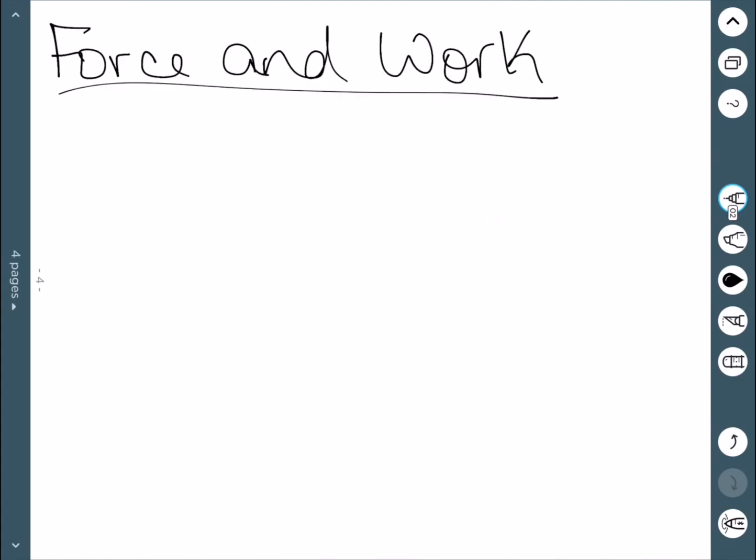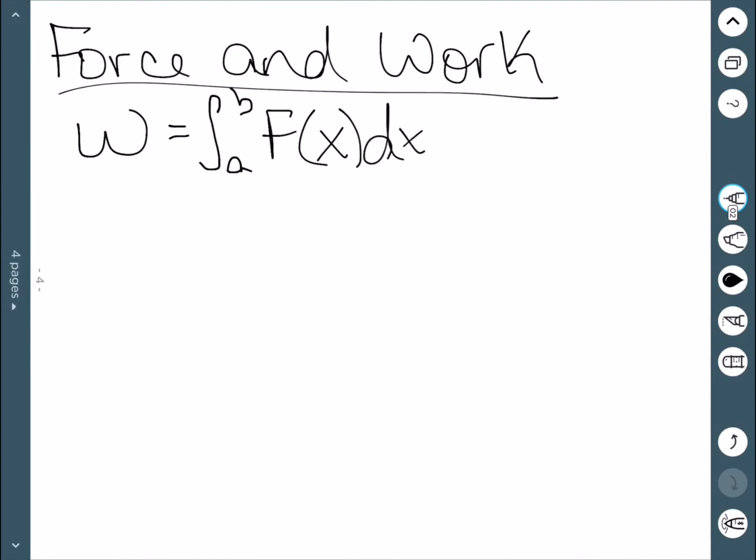We'll now look at another application that involves force and work. And this is very similar to our density and mass. We find work by integrating from a to b of our force. And the example we'll look at in particular is going to involve Hooke's law.